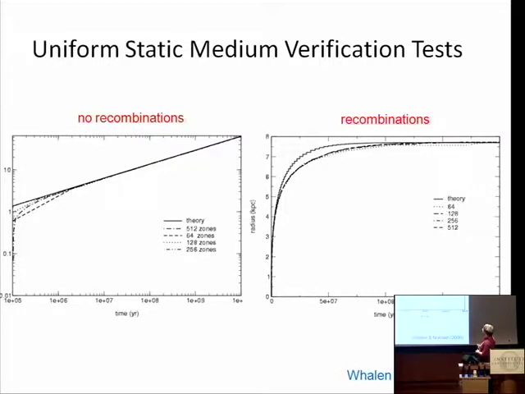Over here, this is turning on recombinations, so now you do asymptotically approach the Stromgren radius for reasons that I still don't understand, but maybe I will. The code predicts the I front radius at early times, but then catches up and finds the right Stromgren radius.